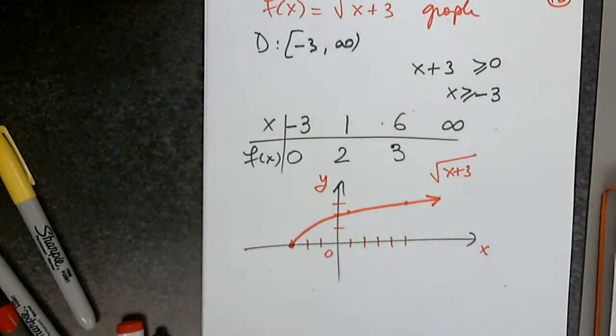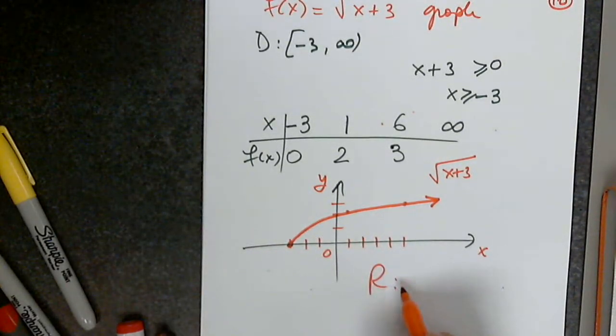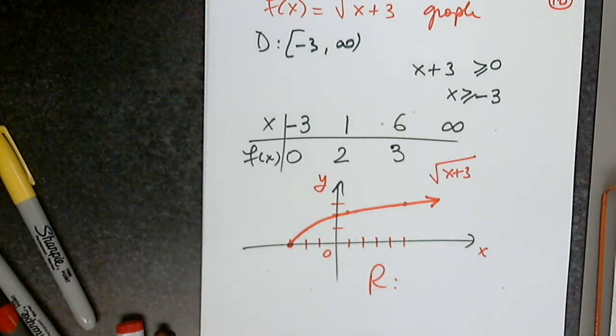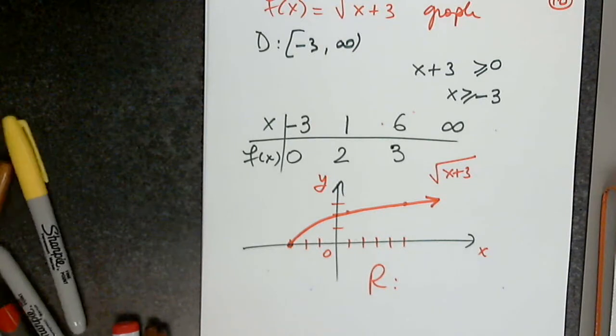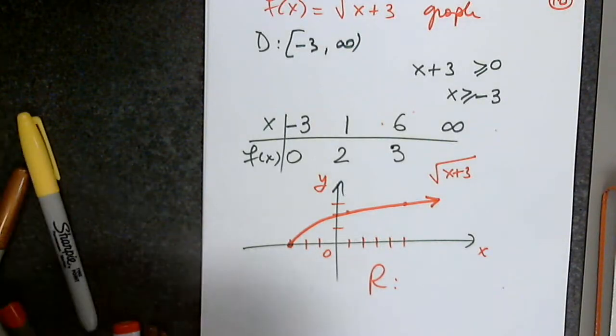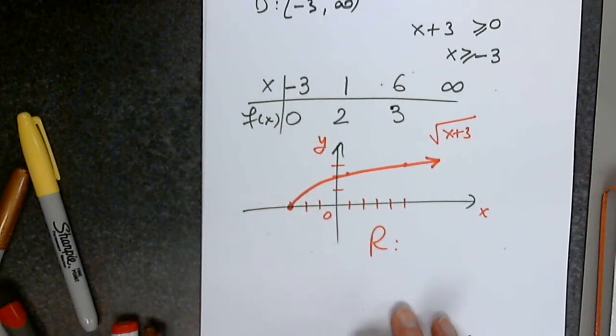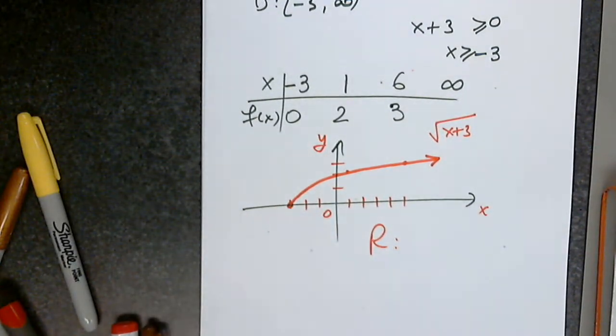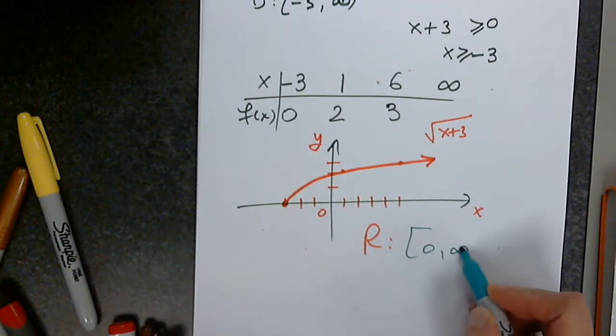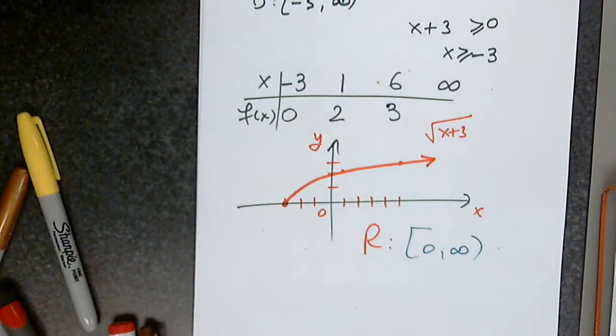What is the range of this function? The range is? Indeed, as we expected. It's a pure square root, just one little transformation in there.